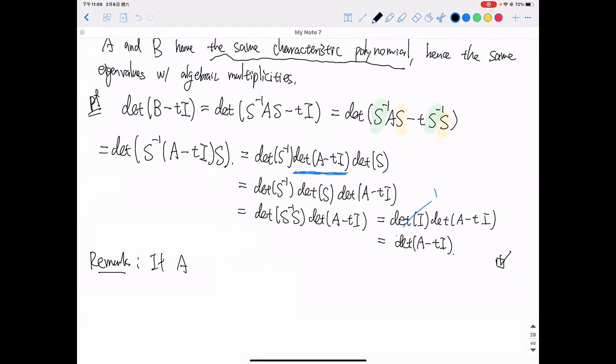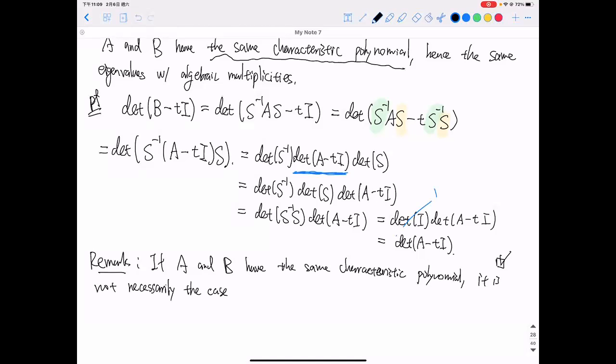If A and B have the same characteristic polynomial, it is not necessarily the case that A and B are similar, right?